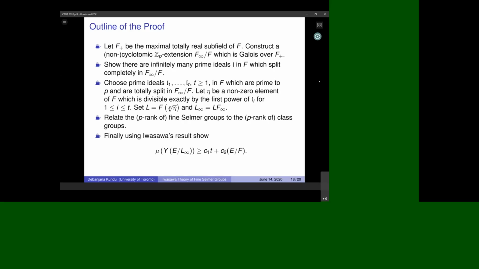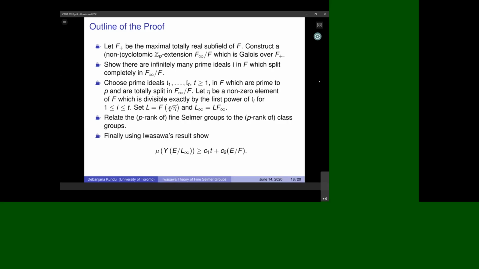And using Iwasawa's result, you can actually show that the mu invariant of the fine Selmer group is going to be bigger than or equal to a constant C1 times t, where t is the number of prime ideals that I chose to construct my L, plus another constant C2 over F. So C1 is a constant that's either 1 or 2, and C2 is another constant which is very explicit and basically depends on the number of bad primes your elliptic curve has over your base field F. And that produces lots of examples.